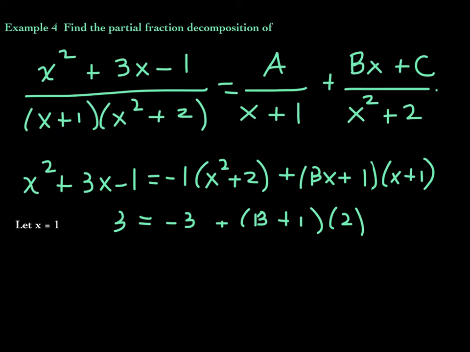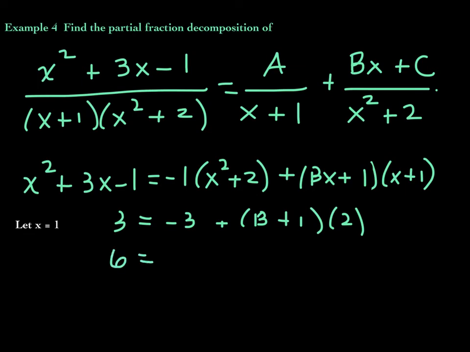Okay, plugging in 1 for x here on the left-hand side does give you 3. Plugging in 1 here gives you -3. Plugging in 1 here gives you b plus 1. And then plugging in 1 here gives you a 2. Let's go ahead and solve for b now. Excuse me, you don't get 0, you actually get 6, right?